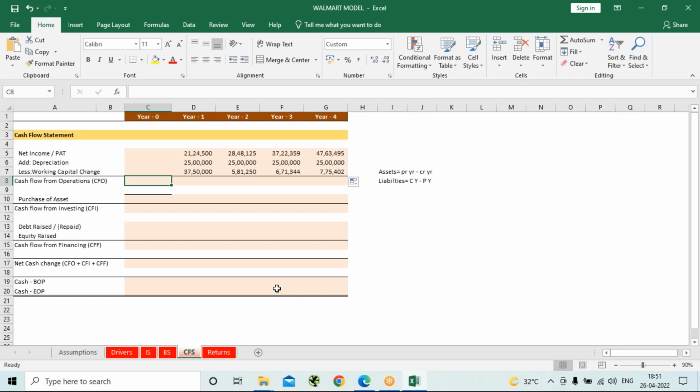Here you are going to calculate the total value of cash flow from operations.